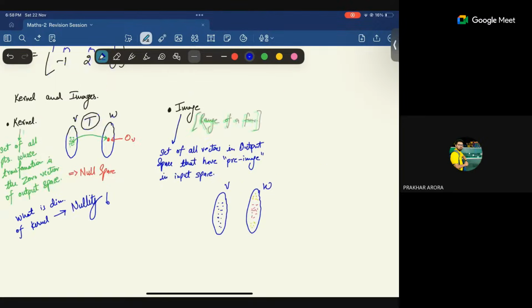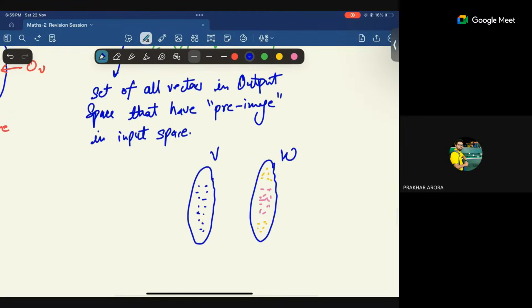Now all these blue dots are inside these pink dots. You can see what I'm trying to do here, right?